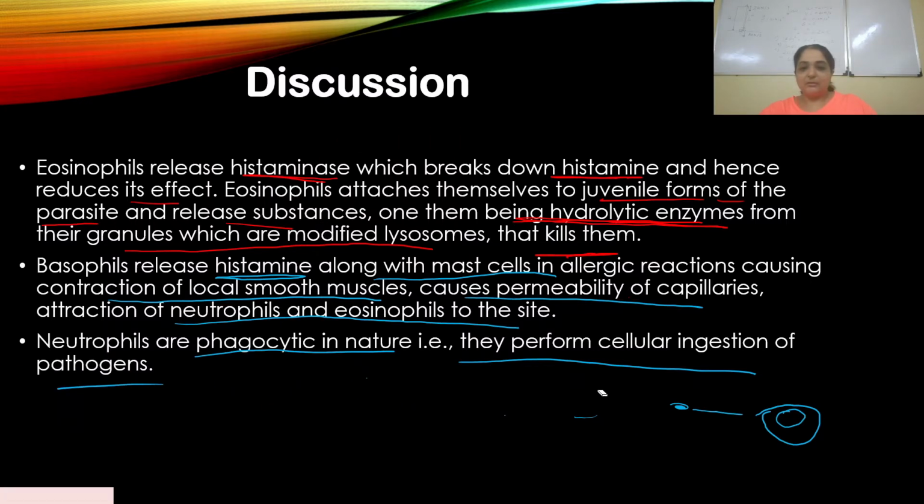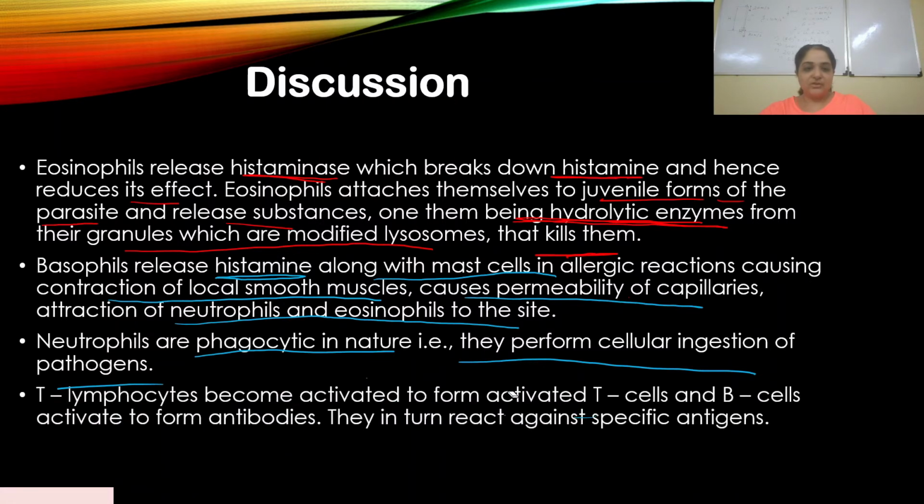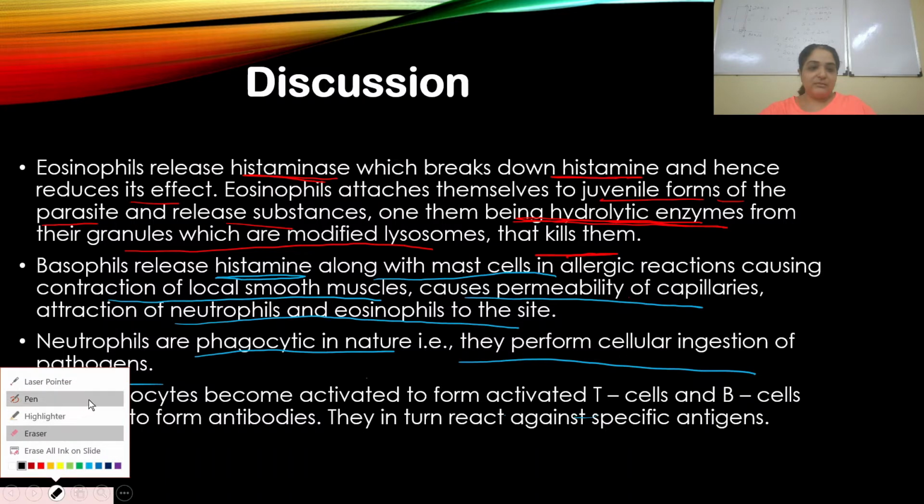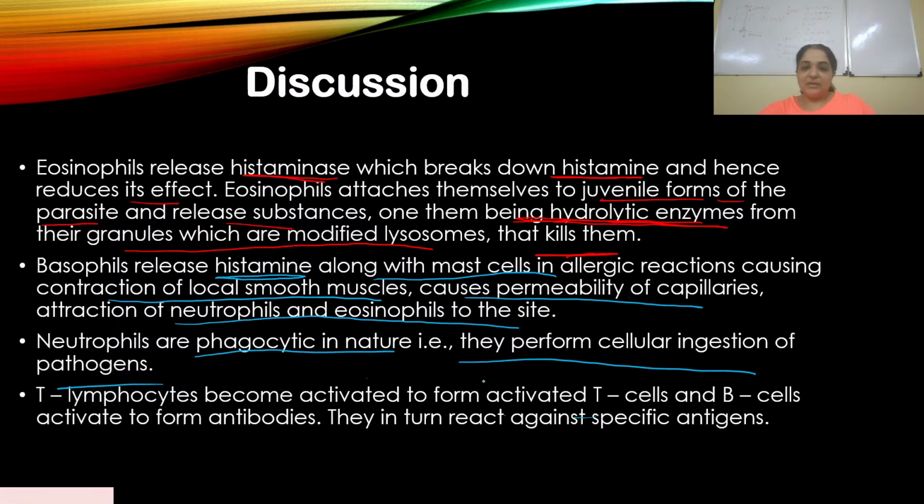Okay, and we'll look at the last one, T lymphocytes. Now, T lymphocytes are in an inactive form and they become activated to form activated T cells, and B cells activate to form antibodies, and they in turn react against specific antigens that were first formed because of the immune response.